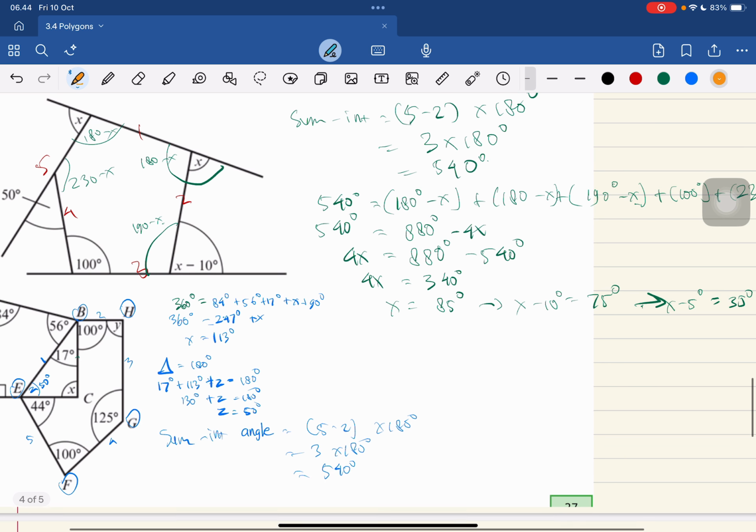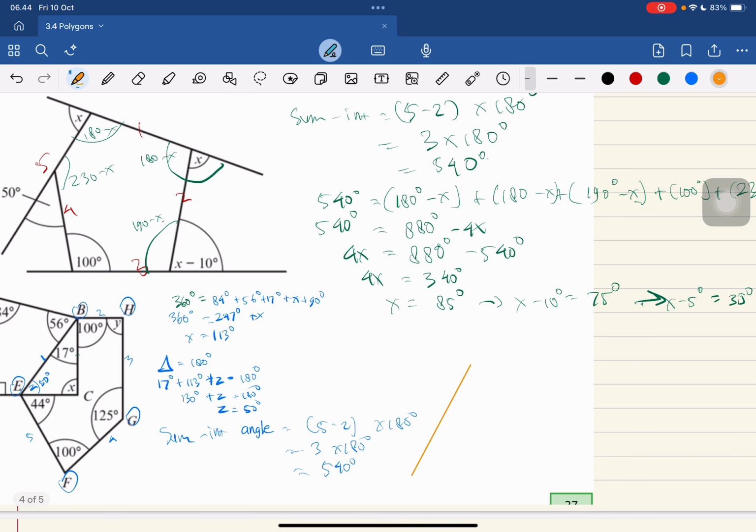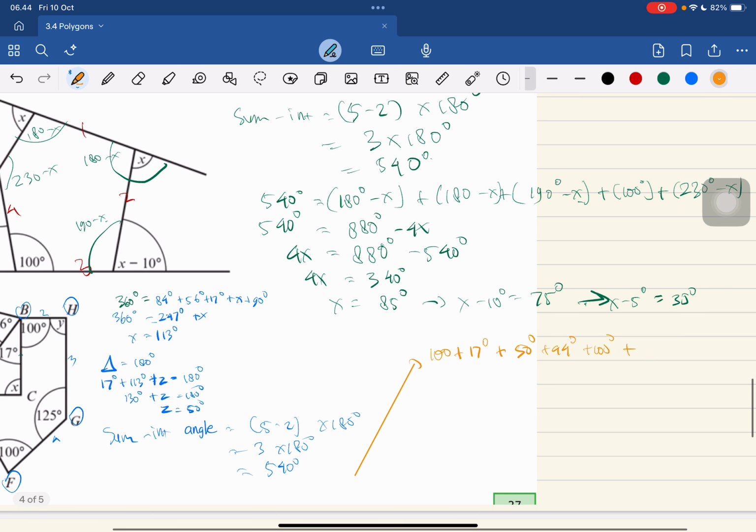Starting from here, we got 100 plus 17 degrees plus 50 degrees plus 44 degrees plus 100 again plus 125 degrees plus y, and this equals 540 degrees.